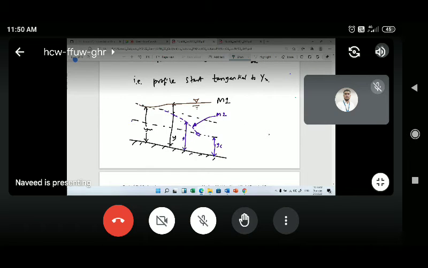So from here S0 is 0, it starts from here, goes upward, and meets the yc. Here somewhere is our y value in the case of M3, so this curve is the M3 curve. Likewise you can make the profile of flow if you know these conditions and know the slope.